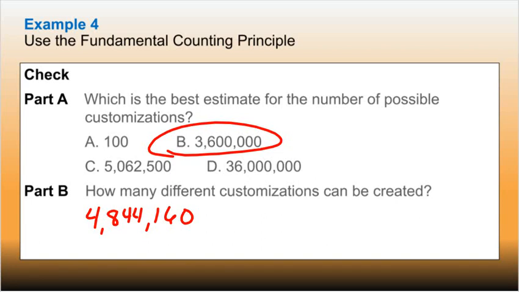So technically C would be closer to that one, but based on how we estimated their numbers, B would be the correct choice for part A, and then part B we have 4,844,160 different customizations you could create for your sneaker. That is our lesson on sample space.